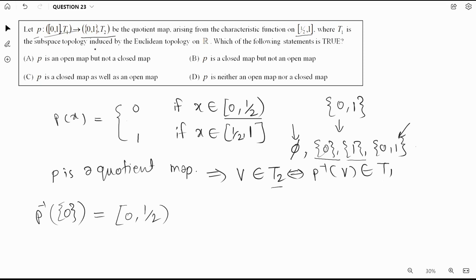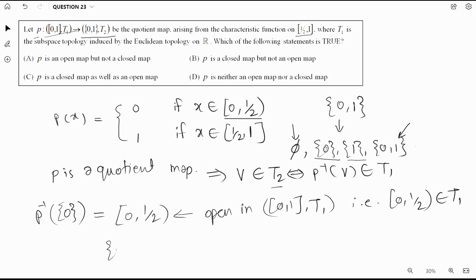T1 is the subspace topology induced by the Euclidean topology on the real numbers, so this is open in [0, 1]. That is, [0, 1/2) belongs to T1.